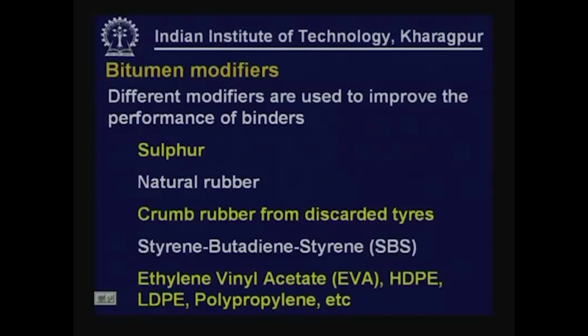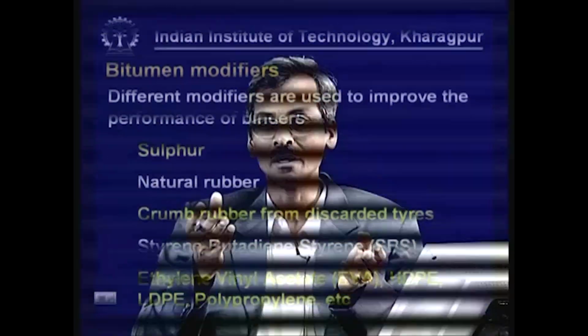Modified binders are nothing but bitumen modified by different modifiers. Various types of modifiers are available, accordingly various modified binders are available. Different modified binders are used to improve the performance of binders. Certain modifiers improve certain characteristics, other modifiers improve other characteristics.